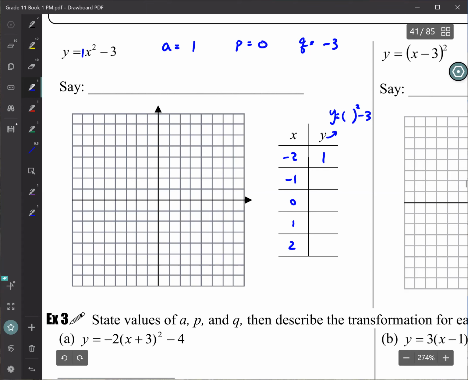First y should be 1. Please raise your hand when you finish graphing.